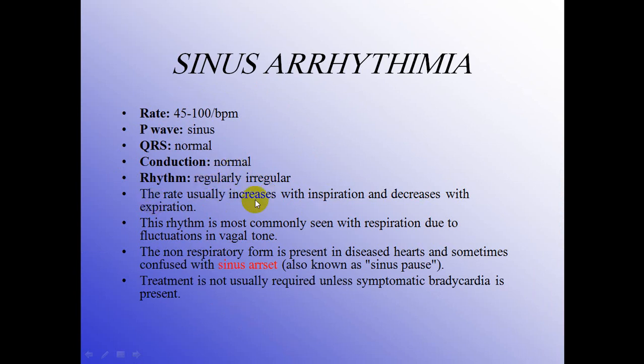The rate usually increases with inspiration and decreases with exhalation. This rhythm is most commonly seen with respiration due to fluctuation in vagal tone. The non-respiratory form is present in a diseased heart and is sometimes confused with sinus arrest, also called sinus pause. Treatment is not usually required unless symptomatic bradycardia is present.